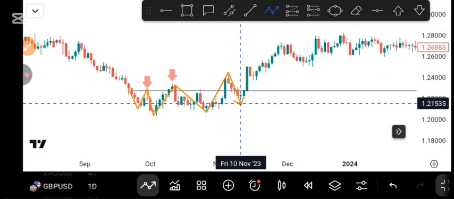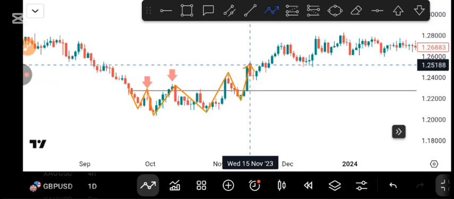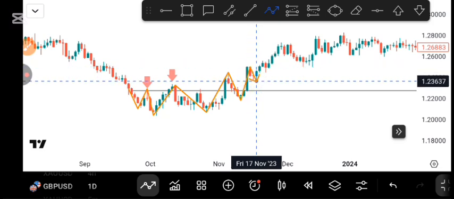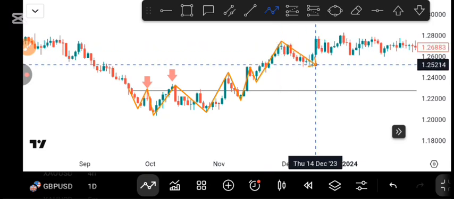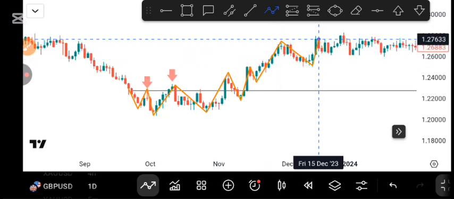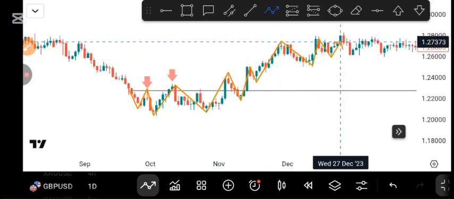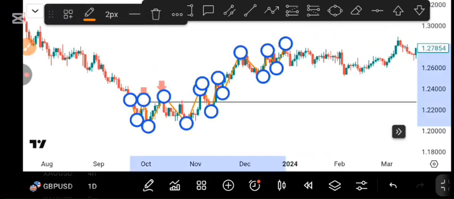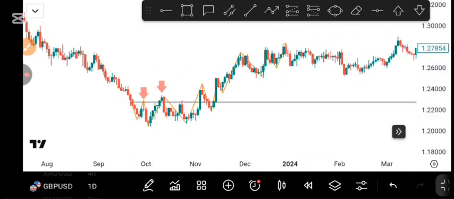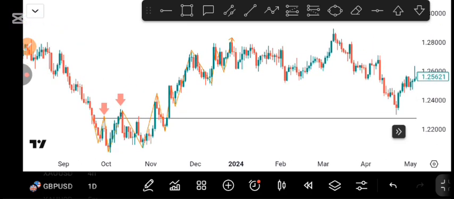Now a new low, a high, a low right here, and a high, low, high, low, as you can see. So right here, this market was showing that this is a bullish trend. Why? It keeps giving us higher highs and higher lows.